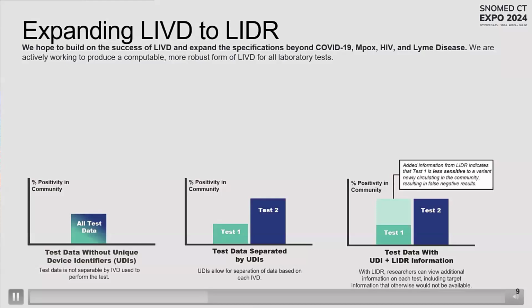That gives us information on why we're getting these various lab results, and possibly false negative or false positive test results in a given population. So as we add more of that IVD device data into our lab test results, we're getting more information, and with that additional information, we're getting more insight into the test results that we're seeing.